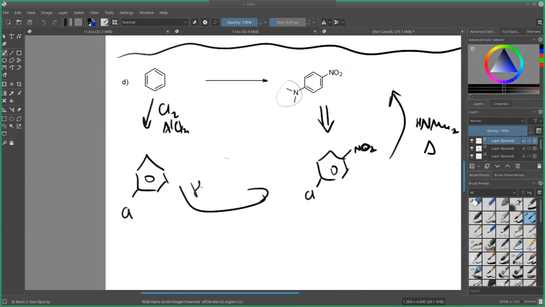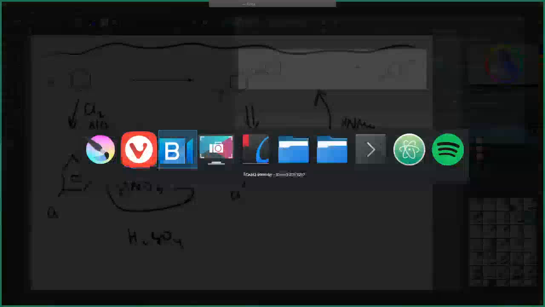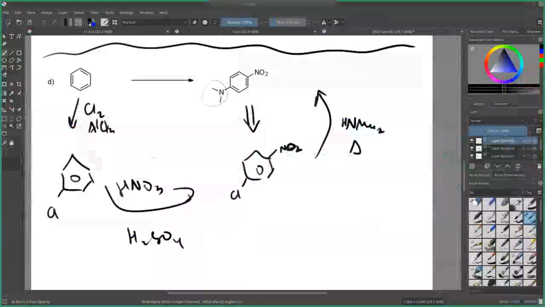Okay, and then we can put the nitro group on, and then we can stick on that for our final product. Okay, that is it. That is our final problem for all of Organic Chemistry Workshop.